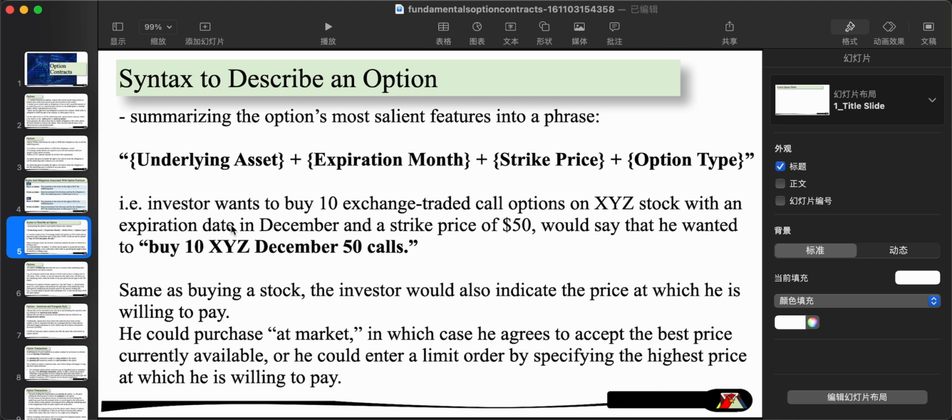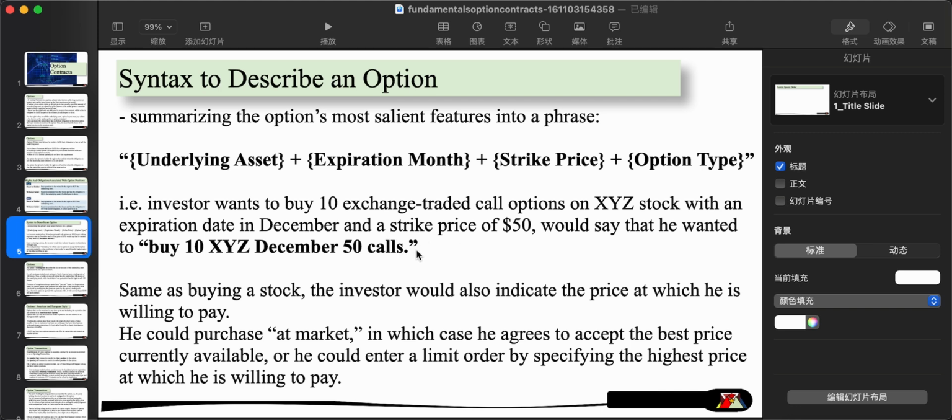Here is the syntax to describe an option: the underlying asset, expiration month, strike price plus option type. You will hear a lot of complicated jargon like buy 10 XYZ December 50 calls.